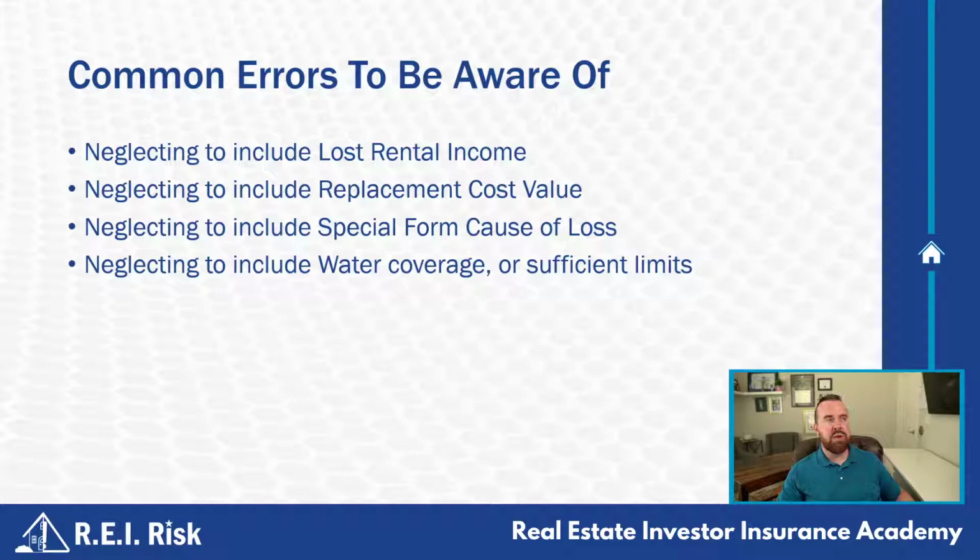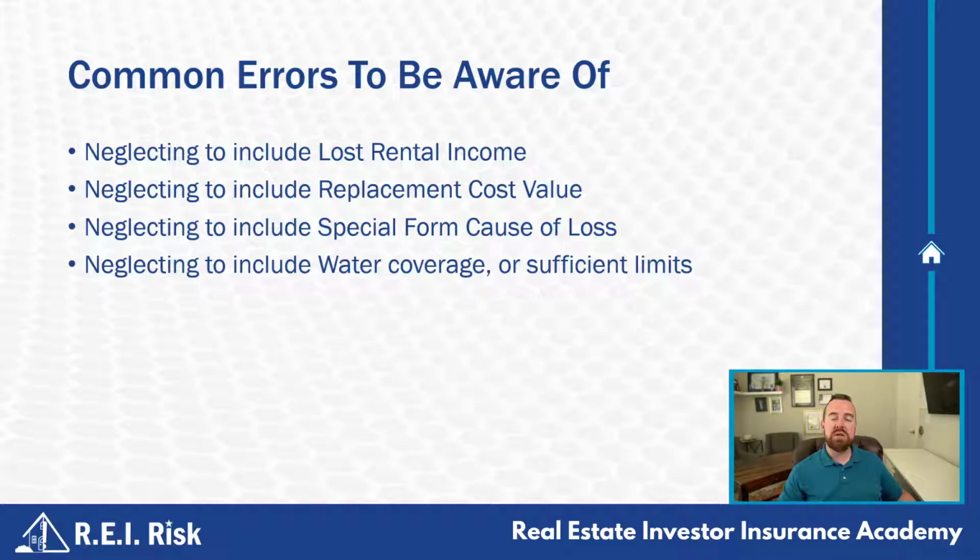So what are some common errors to be aware of with your landlord insurance program? First is going to be neglecting to include lost rental income. It is not included automatically, and a lot of agents or brokers are interested in delivering you the best possible price, and they will not include it unless you ask them to. Next is going to be neglecting to include replacement cost value.